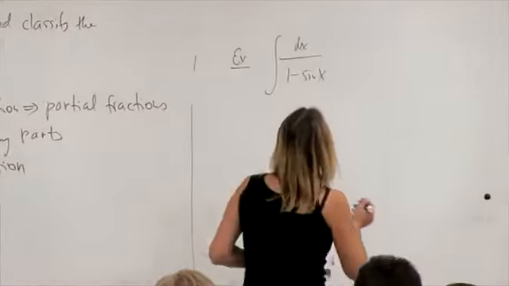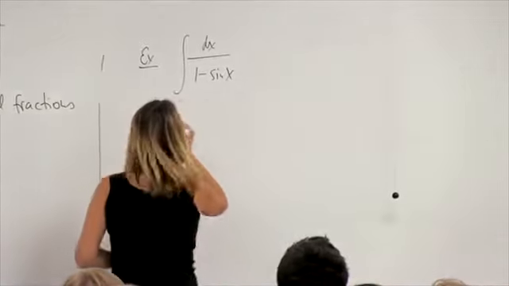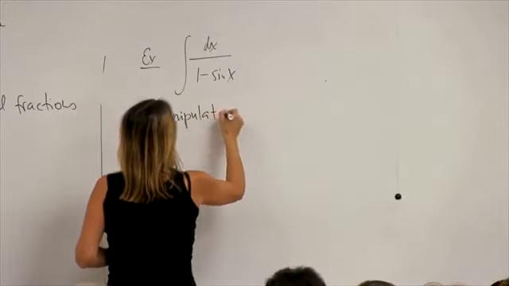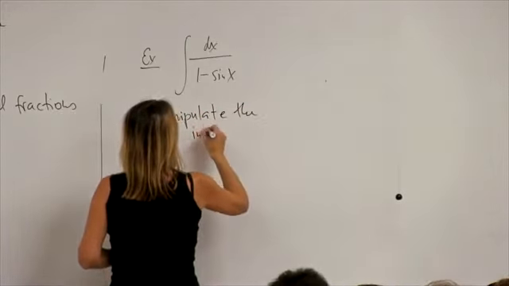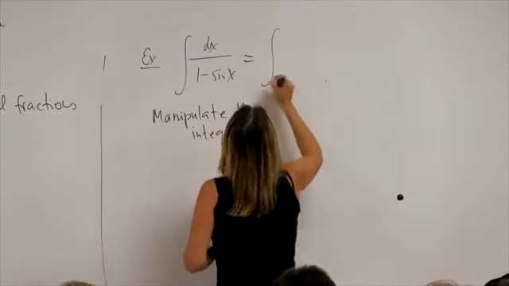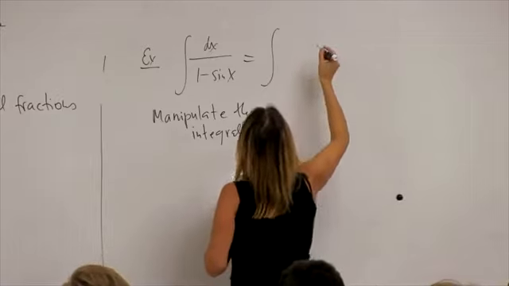Okay. What the book says, we manipulate the integral. So let us multiply and divide by 1 plus sine x.